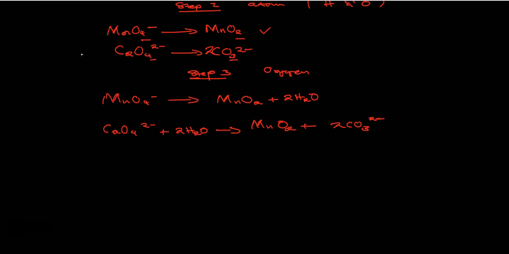Now once we reach here, we balance the oxygen. So what else is to balance the hydrogen ion? Hydrogen ion, we have 4 here. So we are going to add 4 hydroxide ion here, because in basic medium we had hydroxide ion, not hydrogen ion.